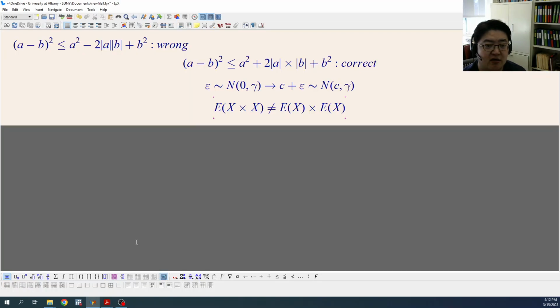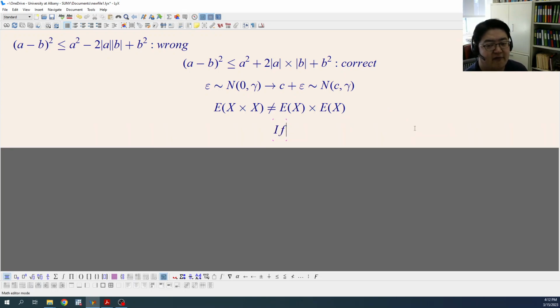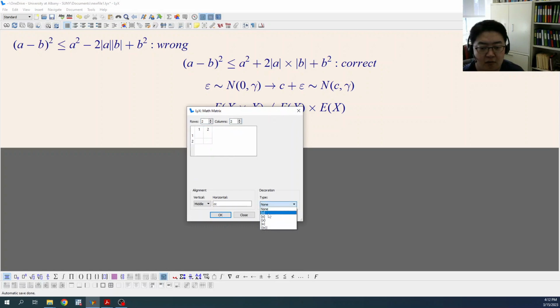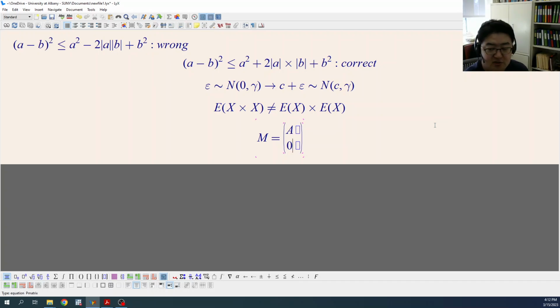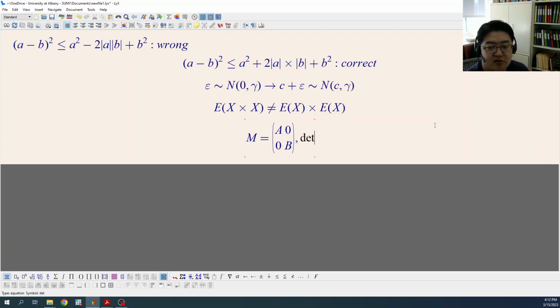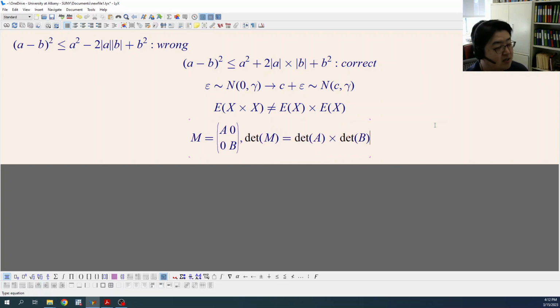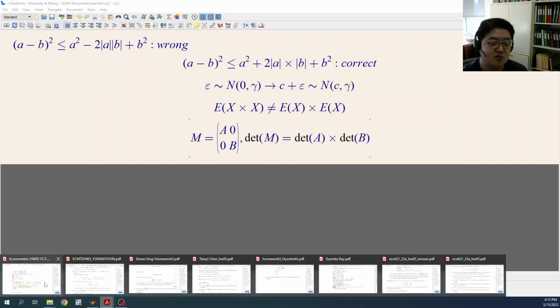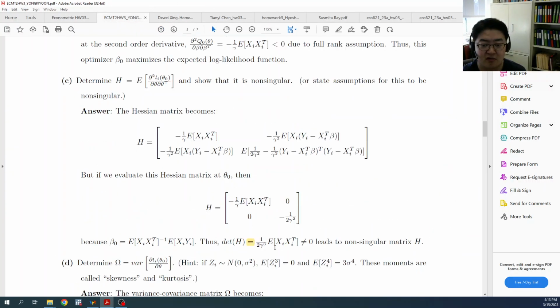Otherwise, if M is block diagonal, A 0 B 0, then determinant of M equals determinant of A times determinant of B. So you may use this result, block diagonal matrix result, to derive a similar form, but this is not correct without assuming x is scalar.